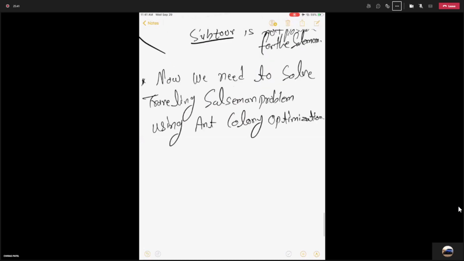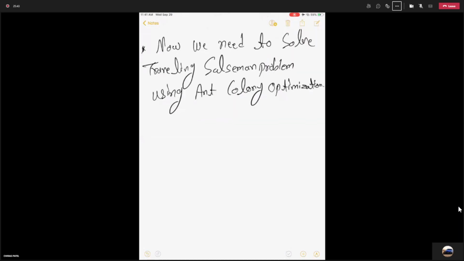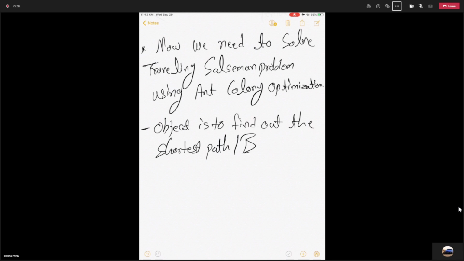Okay, so our objective is to find the shortest path, or we can say the best route. We need to find it.